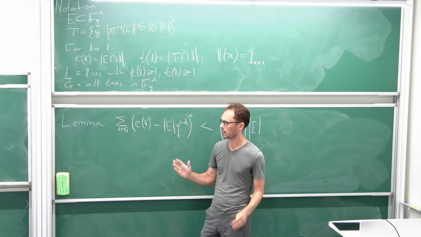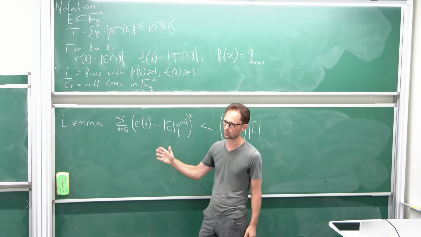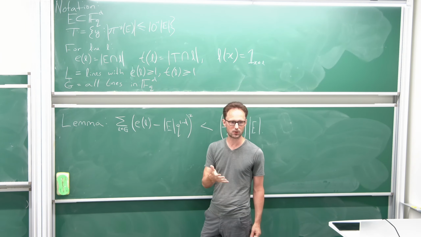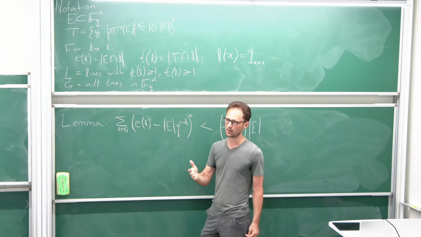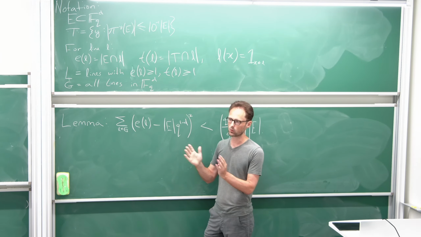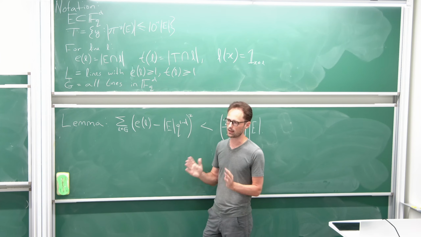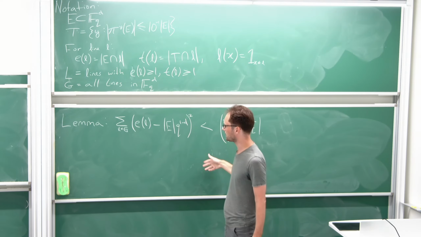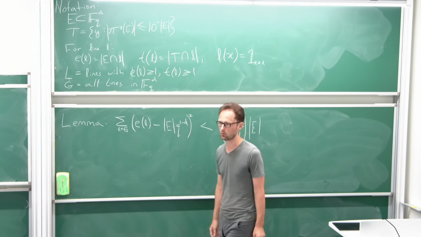So there's a very classical incidence-based result where you say the difference between the number of incidences between an arbitrary set of lines and an arbitrary set of points, versus the expected number of incidences if these were random sets of lines and points, is not too large. This is equivalent to that.